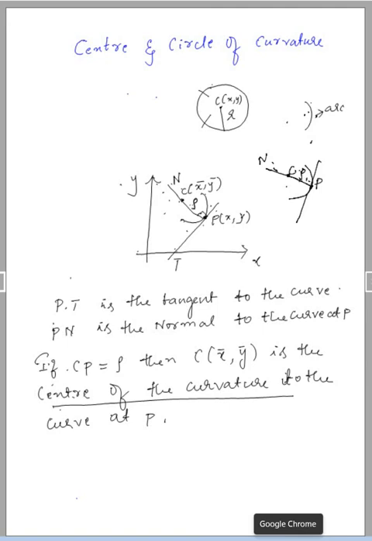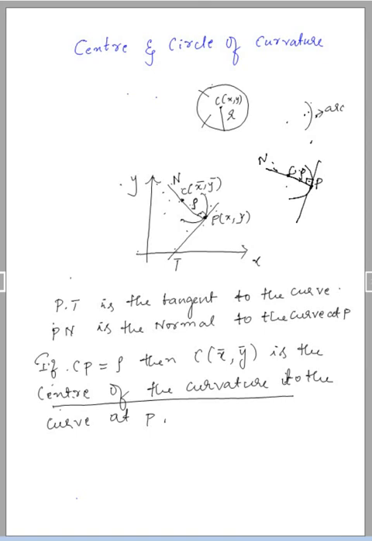As we came to know that it is a normal to the tangent, then we can define the center of curvature at that point. If CP is equal to rho, then C is the center of curvature to the curve at P.